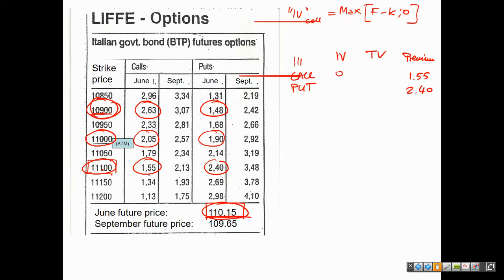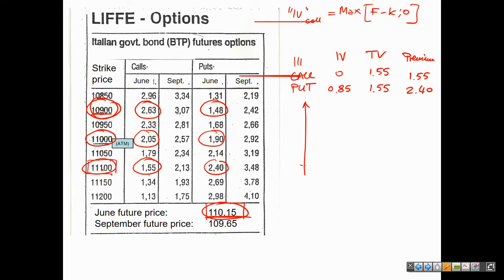You won't buy at 111 when the market trades 110.15. And so 155 is all time value. For the put option, the intrinsic value would be 0.85, and the time value would be the difference, 240 minus 0.85, which again is 155. Now, why do we have the same time value? It's not for a random reason, but for something which is super understandable.